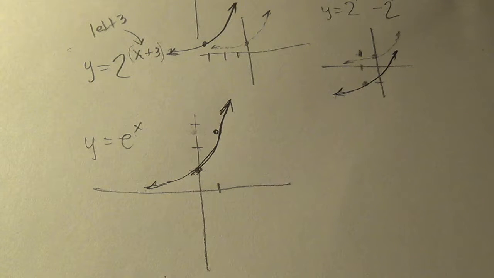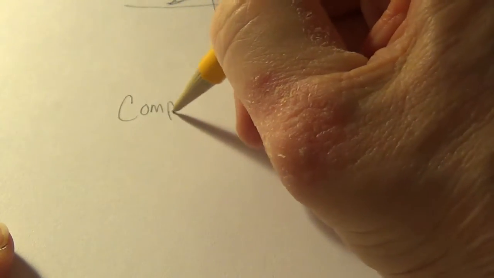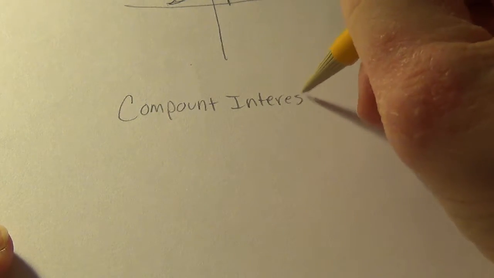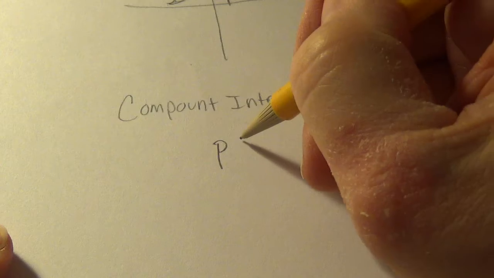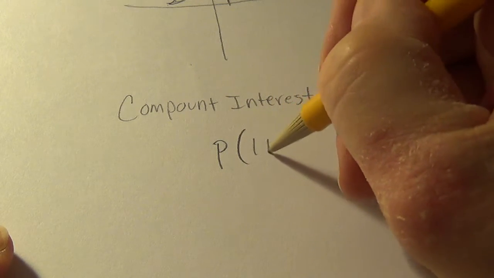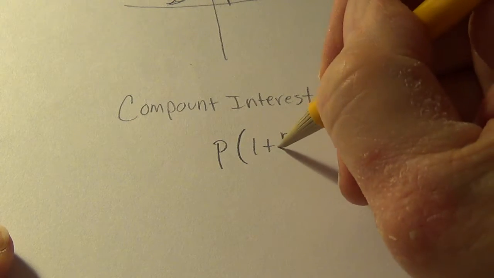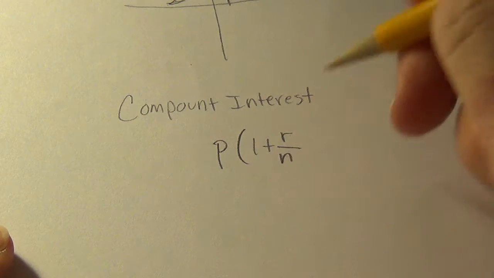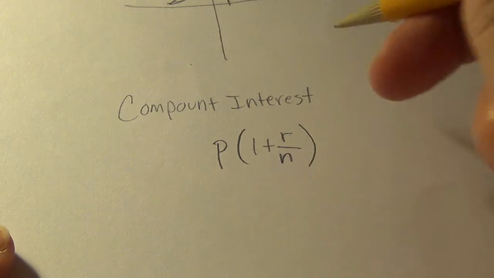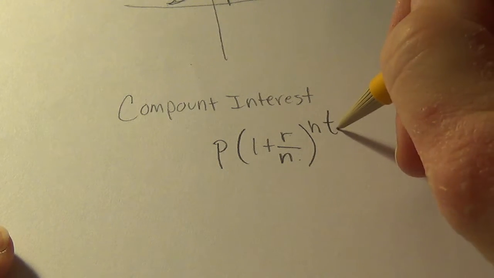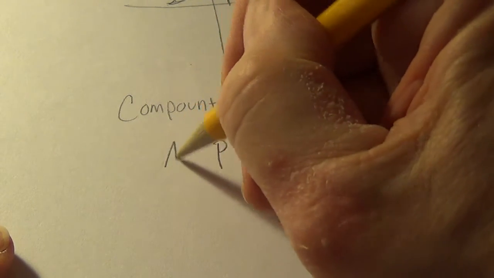Alright, let's go on for a topic or two and call it a night. We learned about compound interest. And that's where you start with a given amount of money called the principal, and you multiply it times 1 plus the rate of interest in decimal form divided by the number of times it's compounded yearly, to the n, which is still that number, times the time that it is invested, and that will give you the amount.